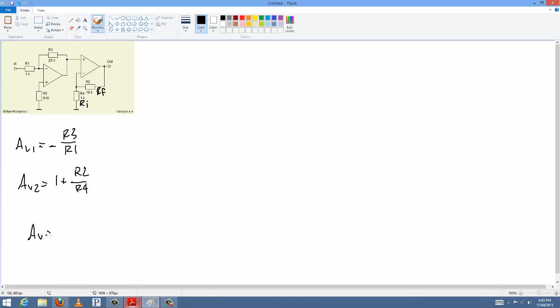Those together equal negative 1 plus R2 on R4 times R3 on R1, which equals 18 divided by 1 times 20 divided by 1, which is negative 380 volts per volt.